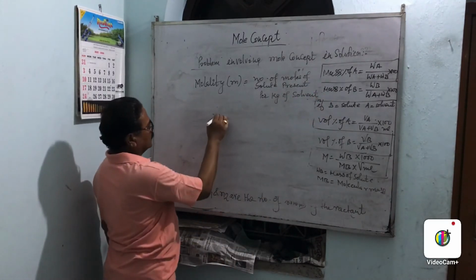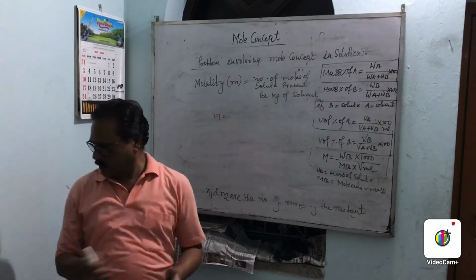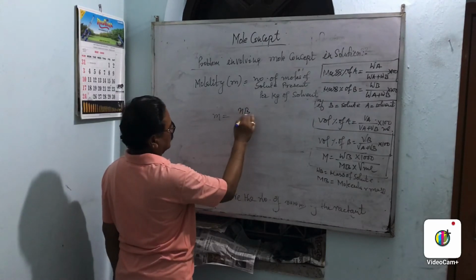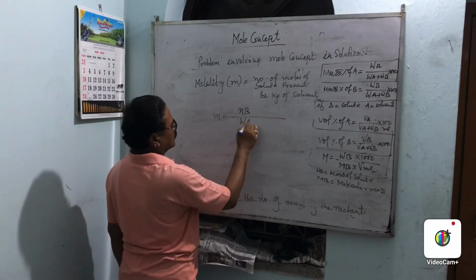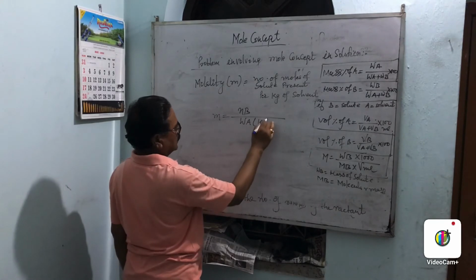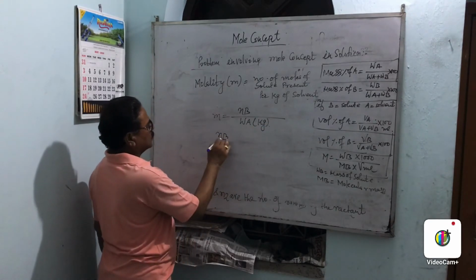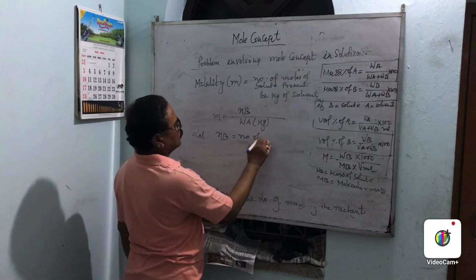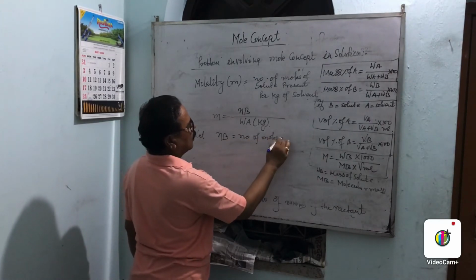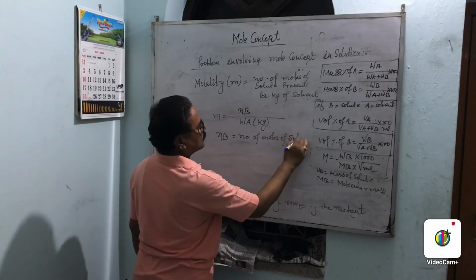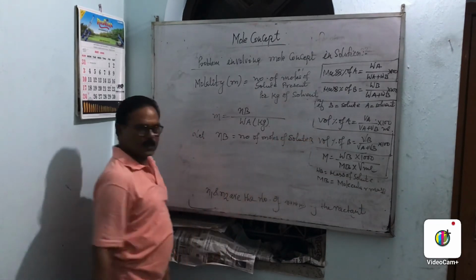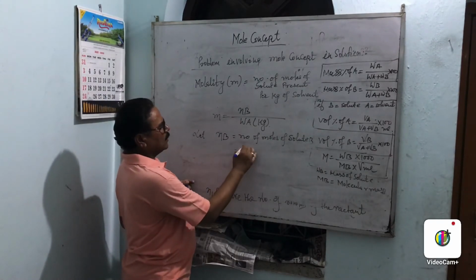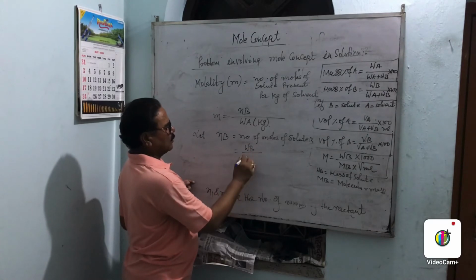So this molality is defined as m equal to number of moles of solute, and we take the mass of solvent in kilogram. Here Nb is the number of moles of solute, which you take as B. Moles again involved here, weight by molecular weight.